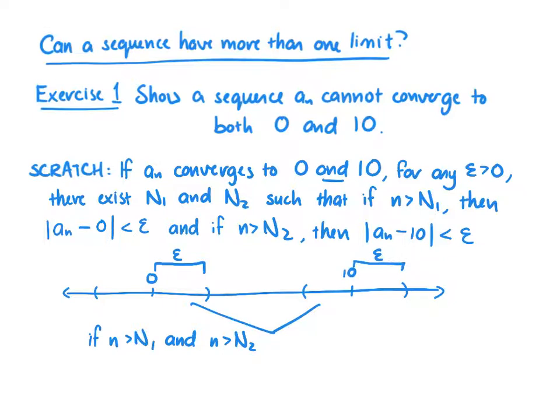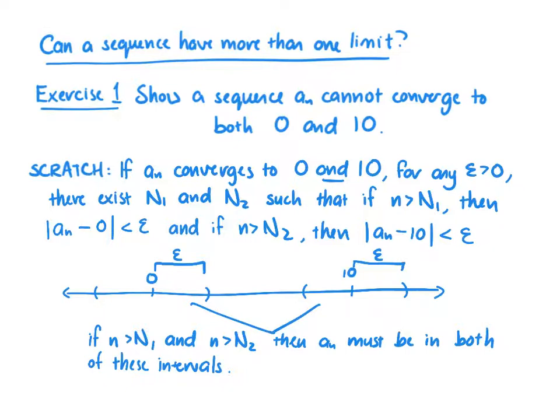It can't be in this epsilon neighborhood around 0 and also in this epsilon neighborhood around 10. Then AN must be in both of these intervals, but that's not possible. Okay, so that's the contradiction we're trying to arrive at.